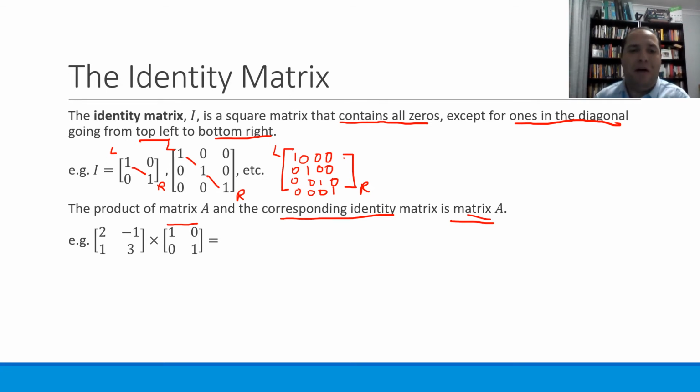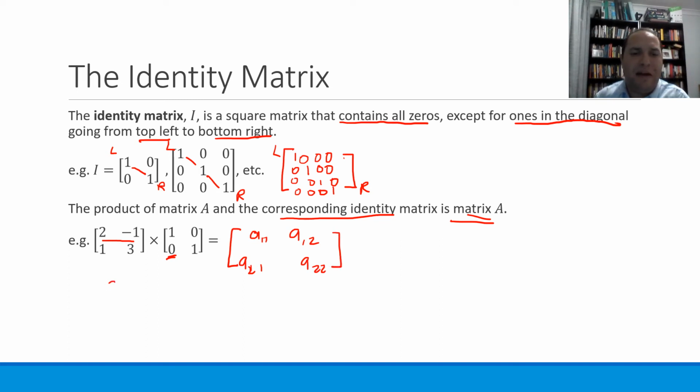Now let's have a look at why, in this example here. Using our rules for matrix multiplication, we've got first row times first column. Let's call these entries A11, A12, A21, A22.